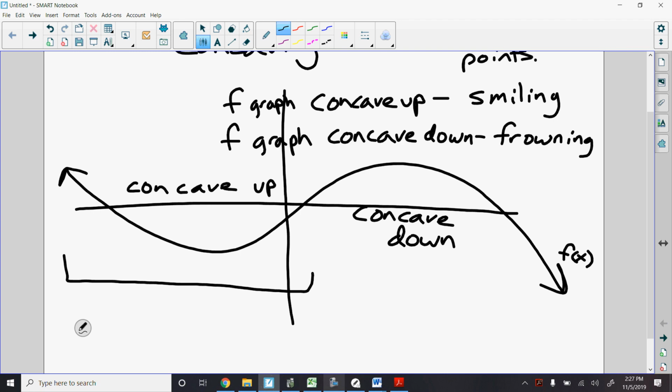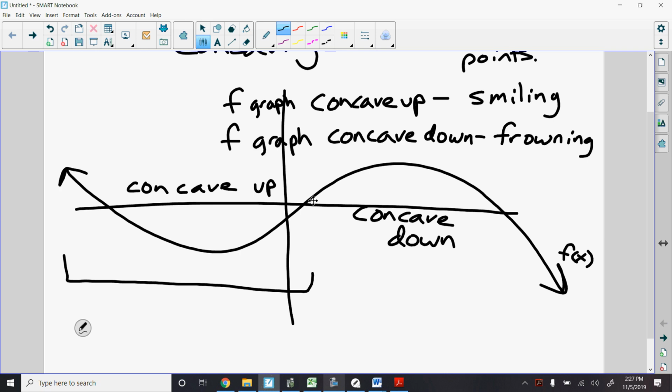And the place where we change, right, there's a spot somewhere on this graph where this graph shifts from being a concave up graph to a concave down graph. The place where it changes is called an inflection point. Okay? So if you follow my cursor here, all the way out to negative infinity, this graph appears to be smiling, smiling, smiling. And then right here it starts to change to frowning.